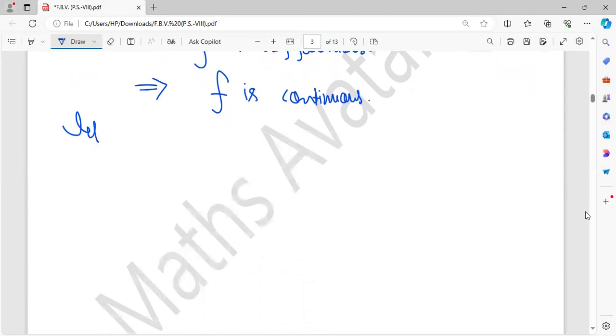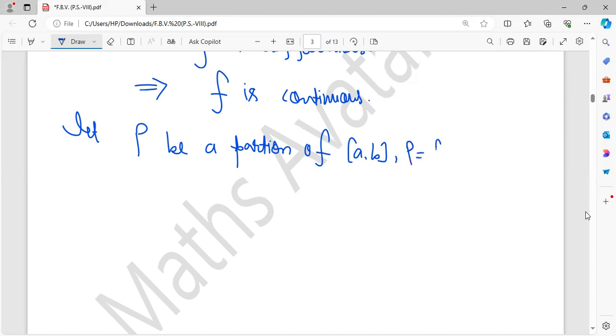Let P be a partition of [a, b]. Then P is x0, x1, x2, up to xn equal to b.